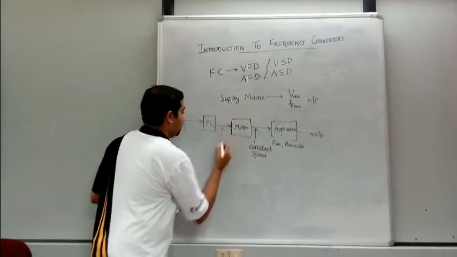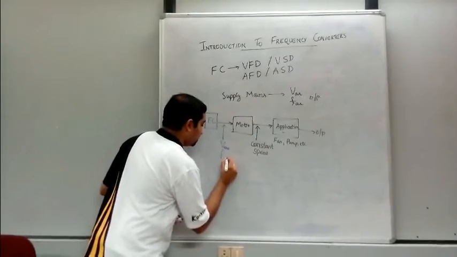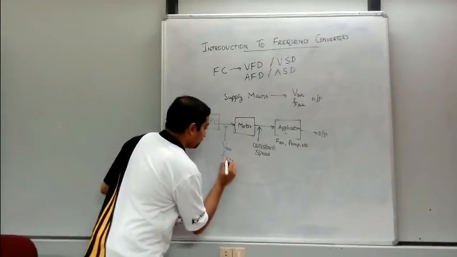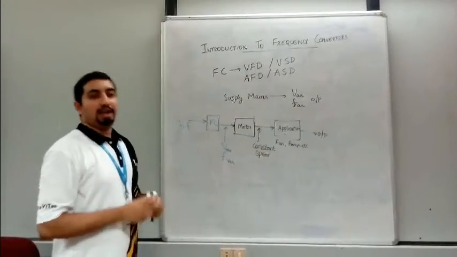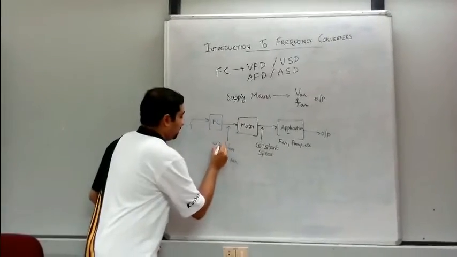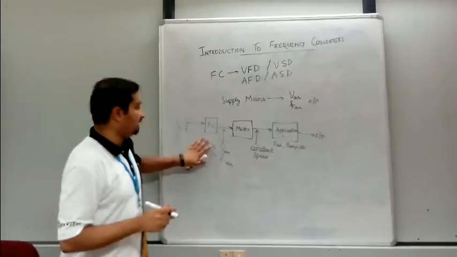So this value here is a variable voltage and a variable frequency. This value can be controlled. Ideally speaking, we have infinitely variable voltage and infinitely variable frequency. This is a very ideal scenario.